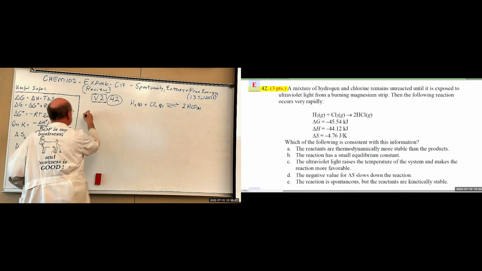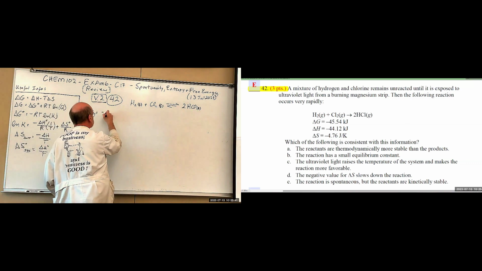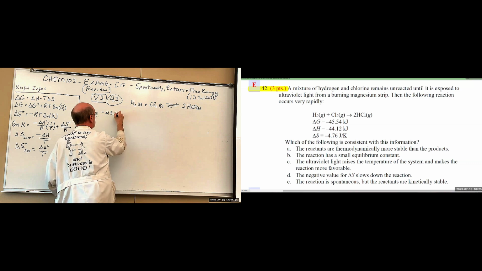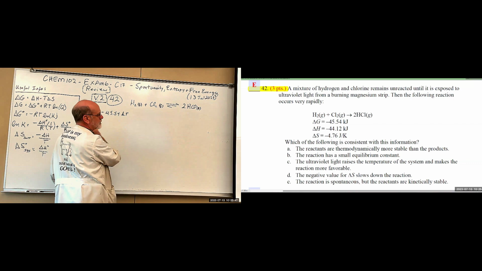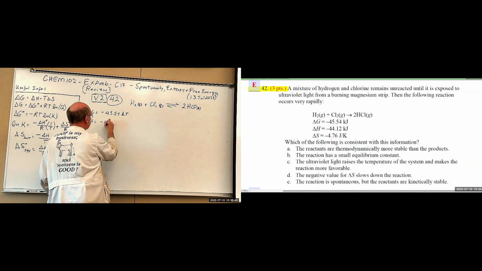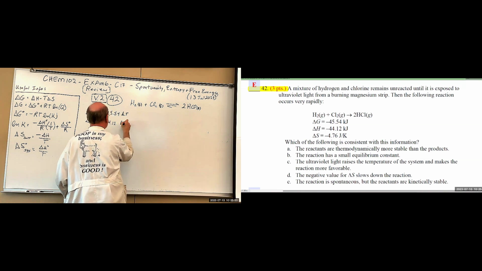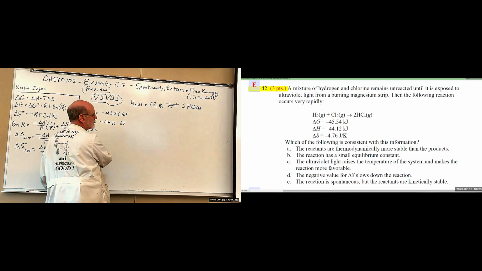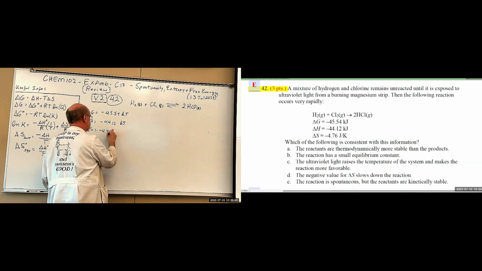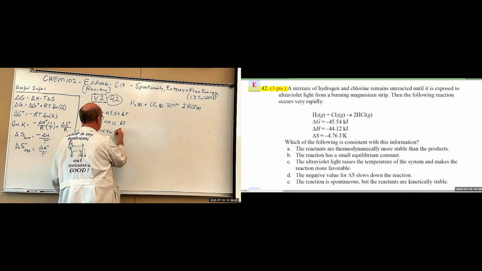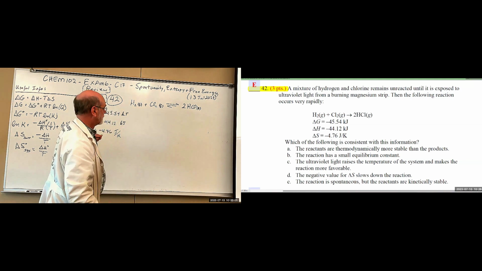Now, if we say delta G for this reaction is negative 45.54 kilojoules, delta H is negative 44.12 kilojoules, and delta S is minus 4.76 joules. Okay. Now we can say a little more about the reaction.